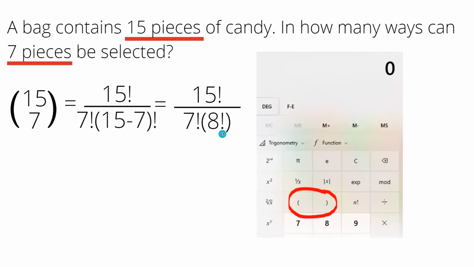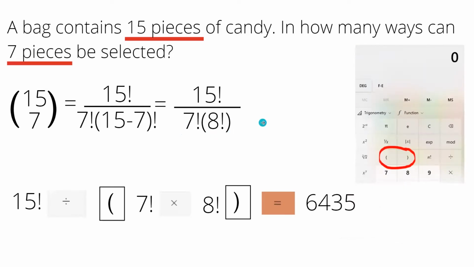In this denominator, it's 7 factorial times 8 factorial. Those 2 things are joined at the hip, and they are in the denominator, so you can't just separate them out. You actually have to enter this with big parentheses around it. So let me show you how that looks.